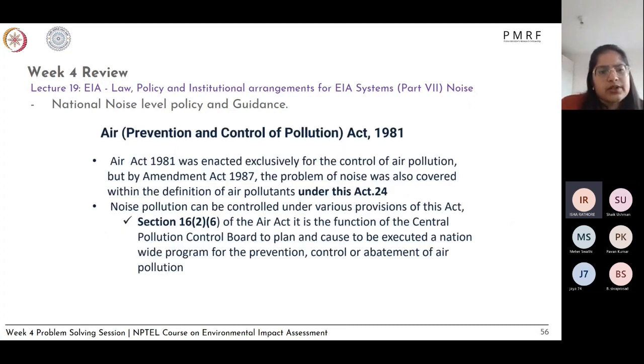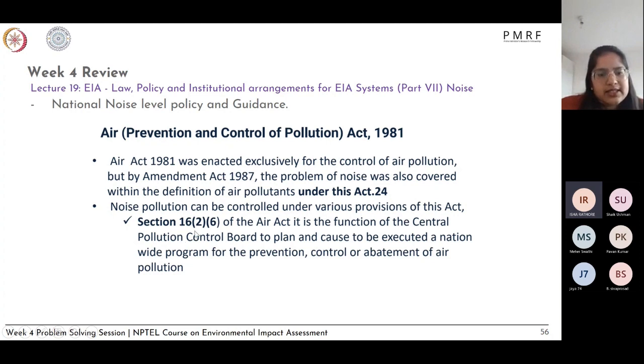And then we also have the Air (Prevention and Control of Pollution) Act 1981. The Air Act is basically exclusively for air pollution in terms of effluents, but it also mentions the problem of noise in the definition of air pollution and in the air pollutants. So noise pollution can be controlled under various provisions of this act.